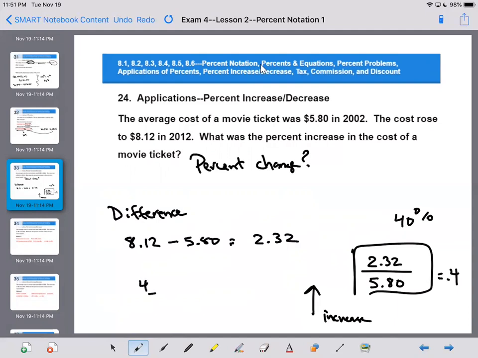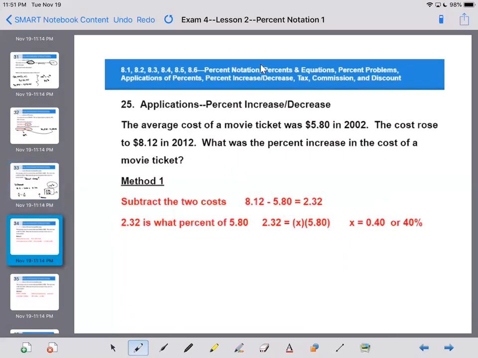Because 4/10 would be something out of 100, that would be 40. So what's the percent increase of the cost of the movie ticket over 10 years? It would be 40%. That's what you see in the next slide. I talked about finding the difference in the two.